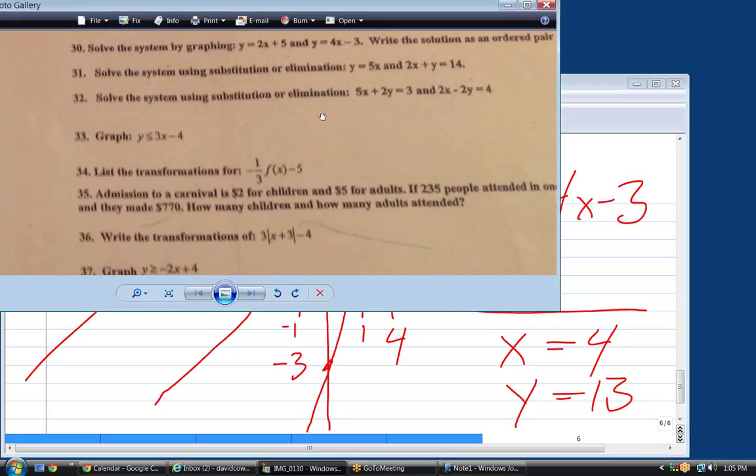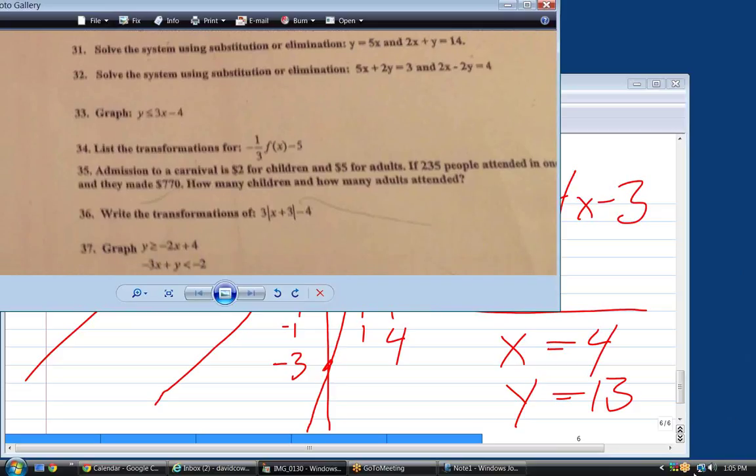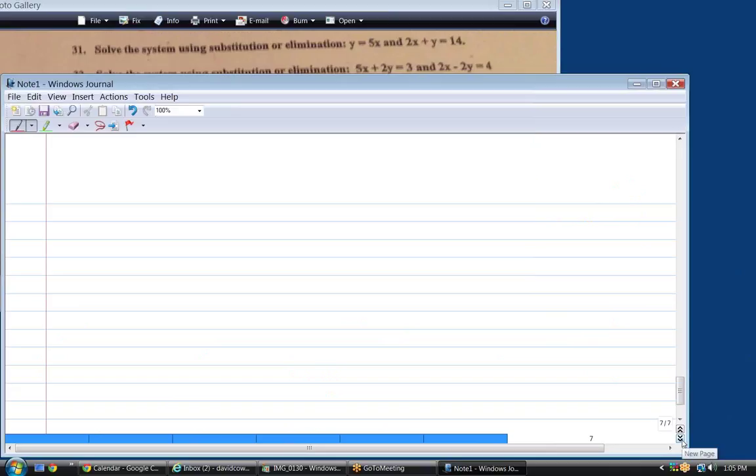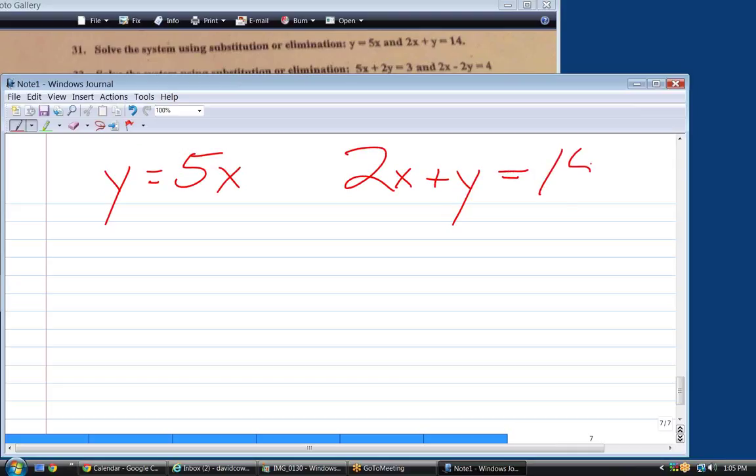Okay, so that will help you. Okay. So now, this next question, I have 2 equations and 2 unknowns. Is this 31? First of all, would we use substitution or elimination on this, and why?